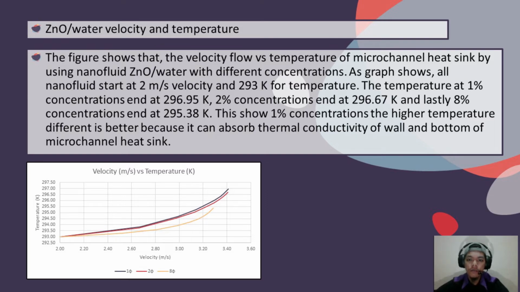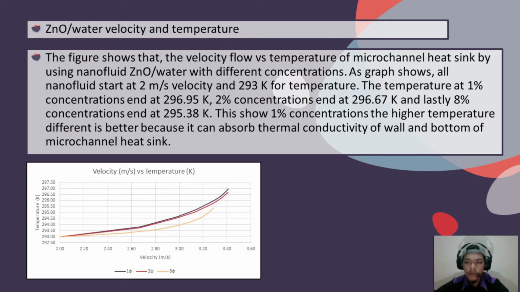The figure shows the velocity of flow versus temperature of the microchannel heat sink using zinc oxide water nanofluid with different concentrations. As the graph shows, all nanofluids start at 2 meter per second and 390 Kelvin.